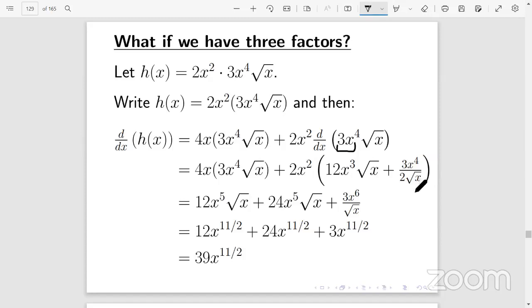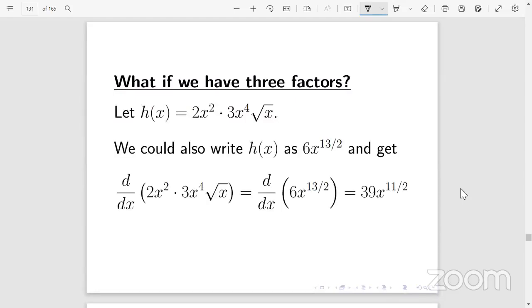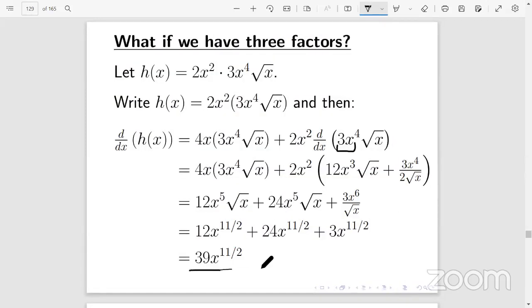From there it is just a matter of simplifying. So that's how you deal with it whenever you have more than 2 factors and want to use the product rule. I hope what I just said makes sense. So as you can see, even if you combine them and use the power rule, you still get the very same answer that we got here.